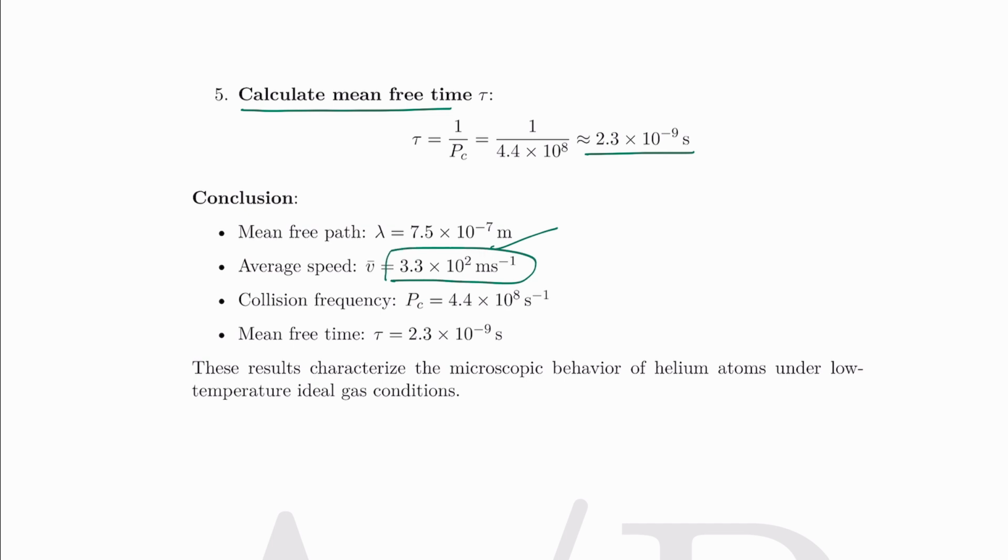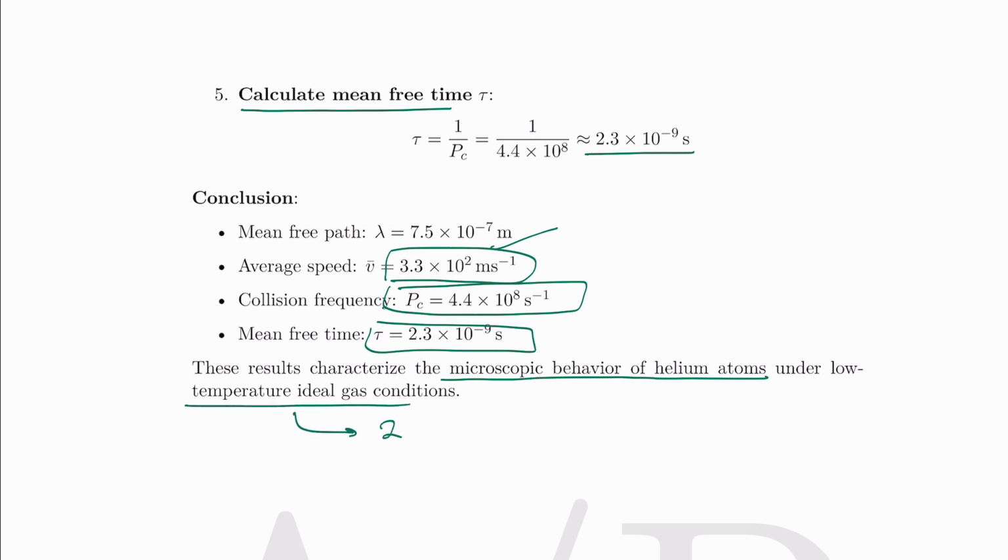Average speed is 3.3 multiplied by 10 to the power 2. Collision frequency is 4.4 multiplied by 10 to the power 8 per second, and the mean free time is going to be 2.3 multiplied by 10 to the power minus 9 seconds. And all these characteristics are nothing but the microscopic behavior of the helium atoms under low temperature and ideal gas condition. Low temperature, why? Because we have the 20 Kelvin temperature only.